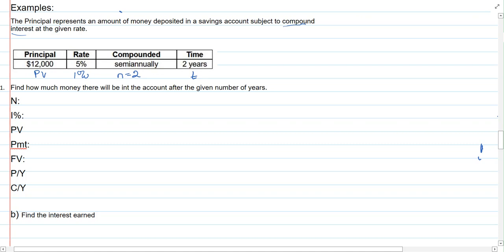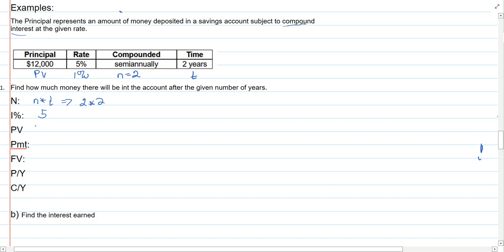So let's insert what we know. So our cap N is little n times T. So that means I'm going to put in my calculator 2 times 2. Our I% is 5. Because it's 5%, we don't add the percent sign, we just put 5.